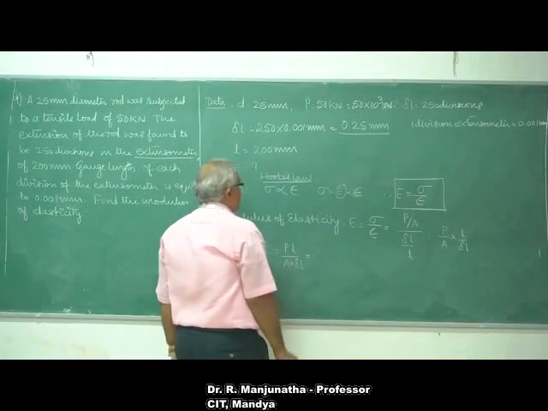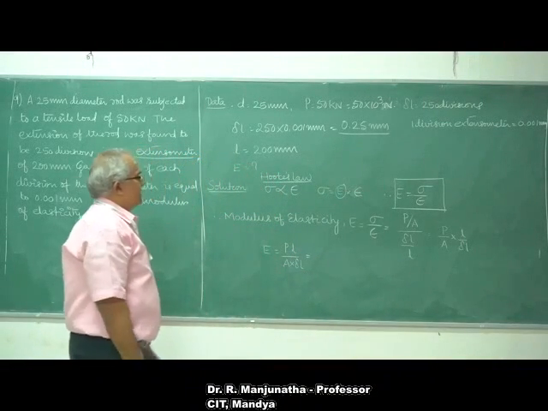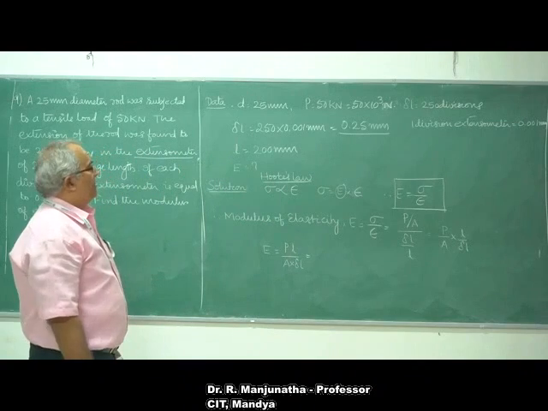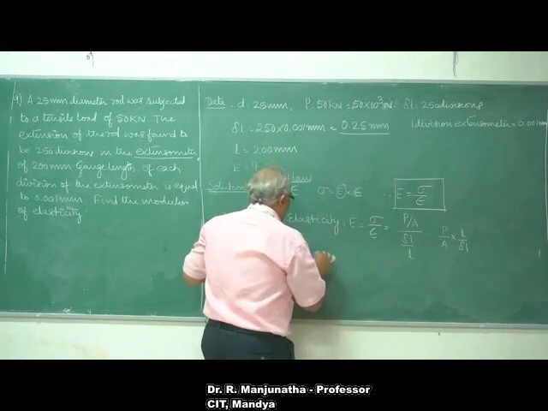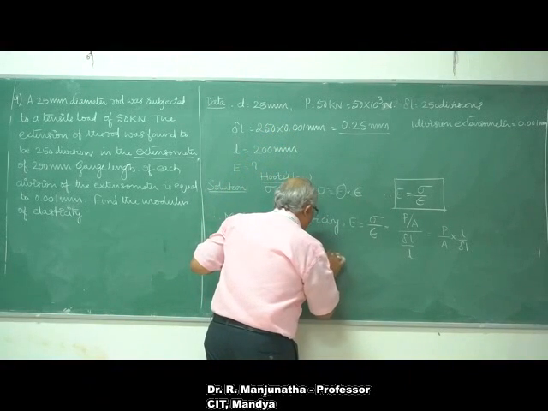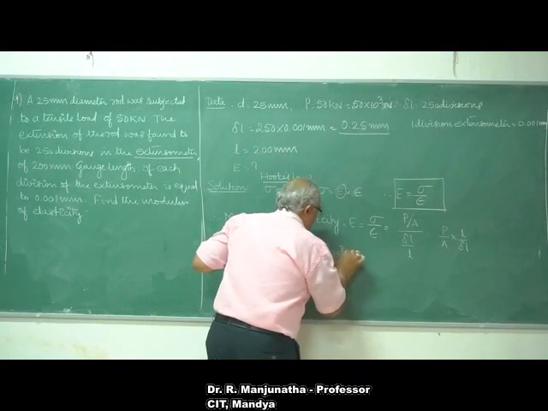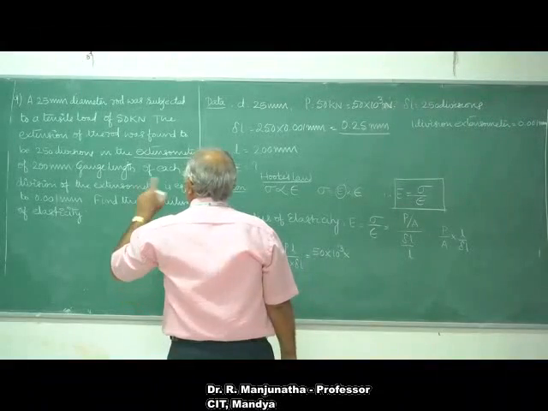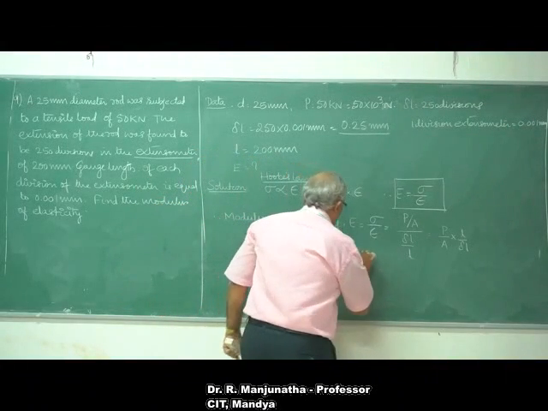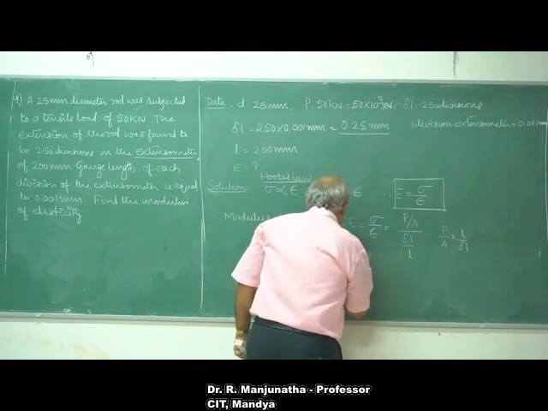So this is the modulus of elasticity, E is given by PL by A into delta L. Now we are going to substitute all the values given in the problem. P is 50 into 10 to the power of 3, 50 kilonewton. The length of the specimen is the gauge length, which is 200.